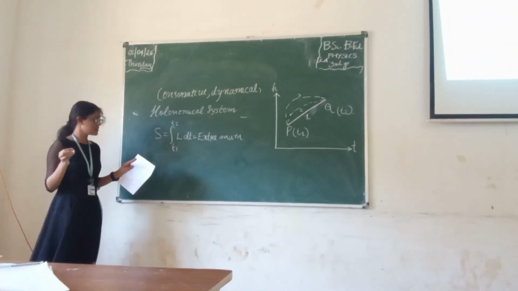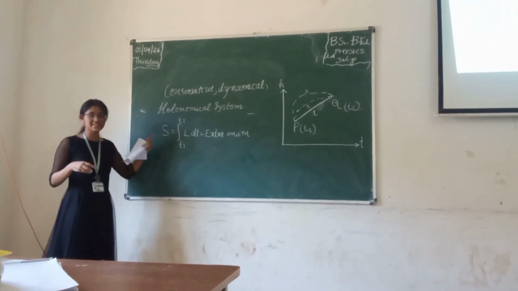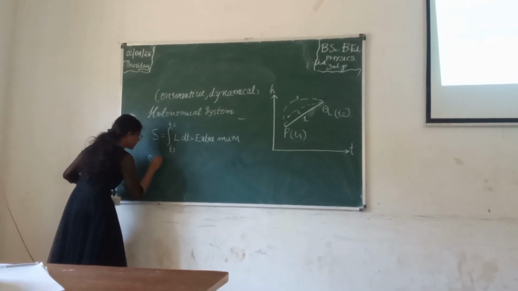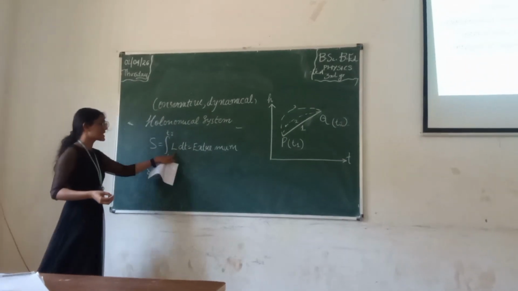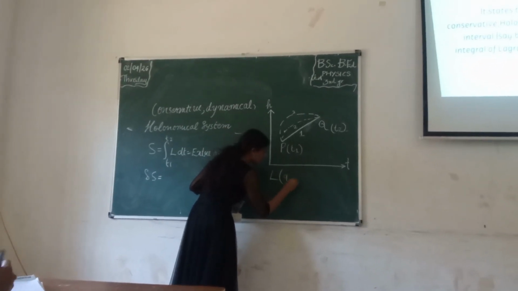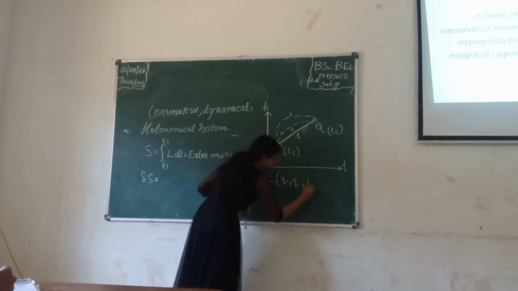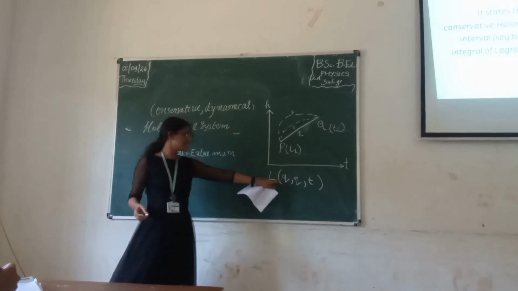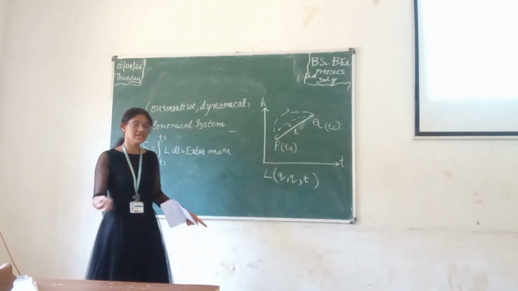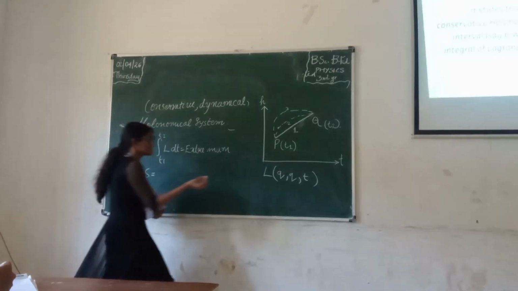Del I, right? This is represented as S or I. So we can write del S. And this Lagrangian is basically a function of the coordinates, velocity and time. The coordinates are n generalized coordinates, so we write q, q dot for velocity, and time.